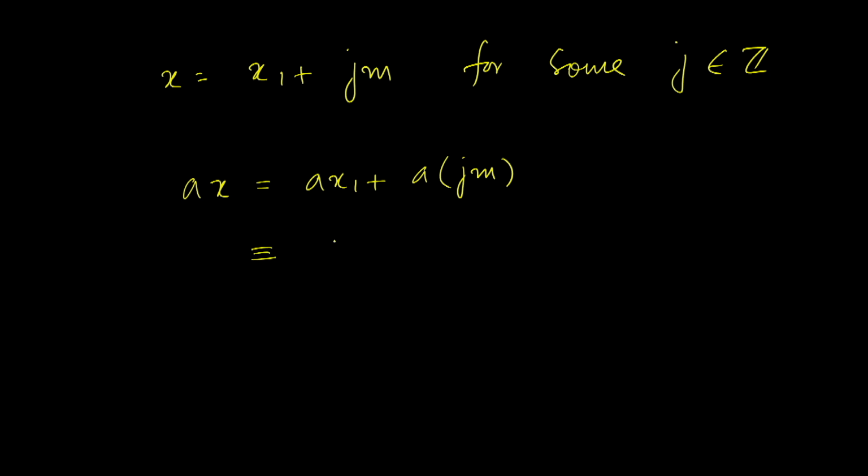This is congruent to b mod m, so x is also a solution. So all numbers that are congruent to x1 modulo m are solutions. But are these the only solutions?